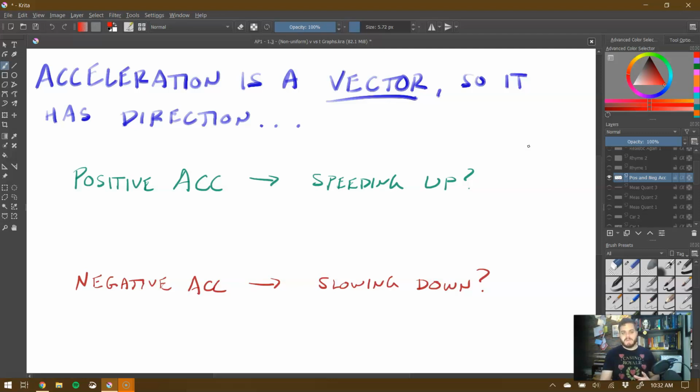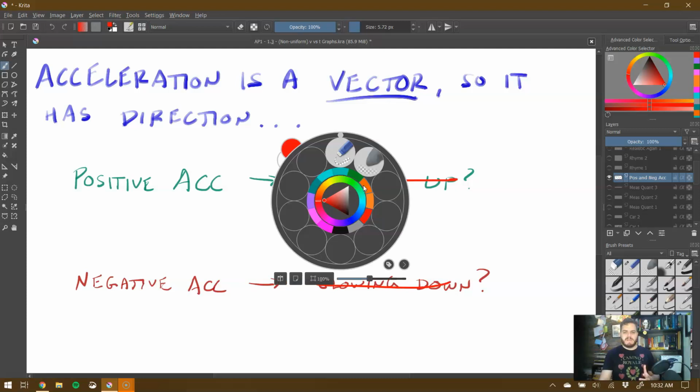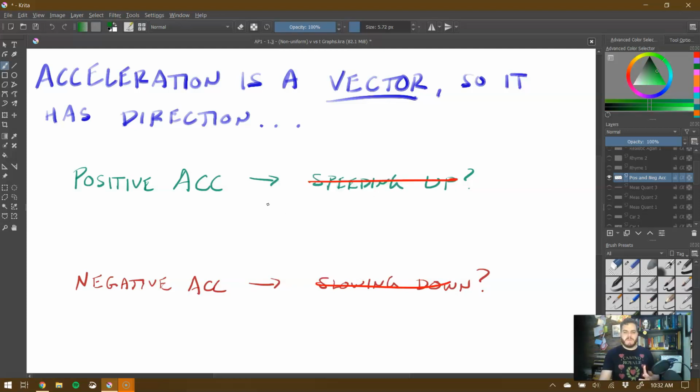So first off, positive acceleration, you might think, okay, well that must mean speeding up, and negative acceleration must mean slowing down. That's not really accurate. Instead, positive acceleration means v, or the velocity, is becoming more positive.